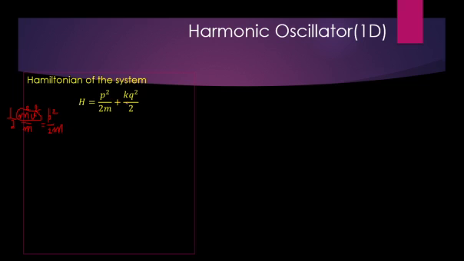And the other is half k x square, which is usually what is written for the potential energy of a spring or a harmonic oscillator. Instead of x we have denoted q as the coordinate. So we just rearrange this equation. 2 is common in both the terms and m is also taken outside.